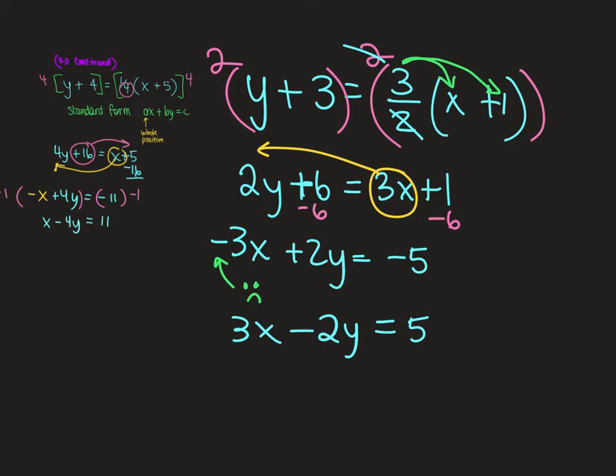Let me pause it and fix it. Alright, so it should have been a 3 in the back. Rearrange, so I move my 3x to the left, it becomes negative. Move my 6 to the other side, it becomes negative. 3 minus 6 is -3. I don't like my leading coefficient to be negative, so I change it, which means I have to change every single term. There it is in standard notation.